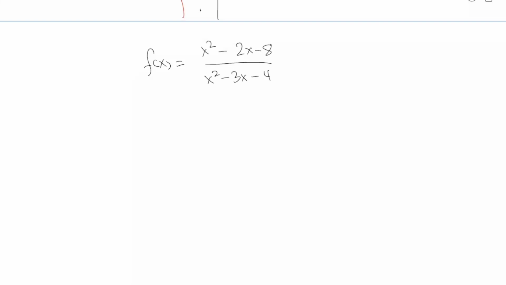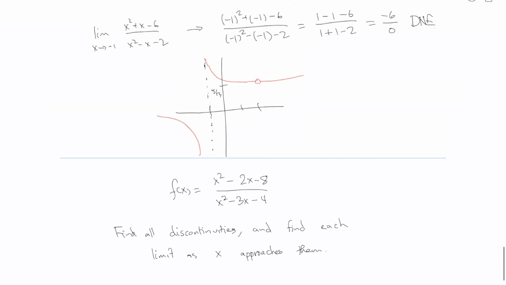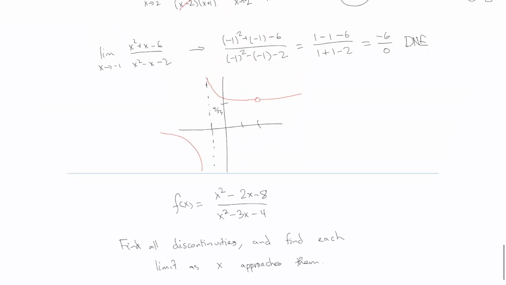All right, your job, I'll write it again: find all discontinuities, and find each limit as x approaches them. I'll try and put the previous one on the screen a little bit so you can still see it. All right, I'm gonna walk around again and see how you're doing.